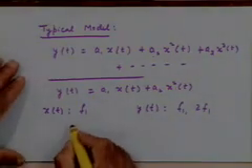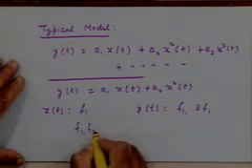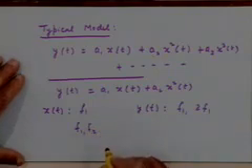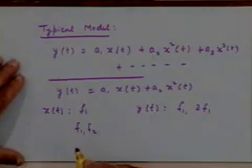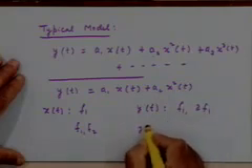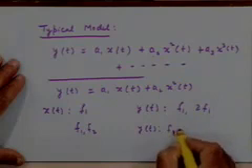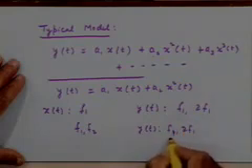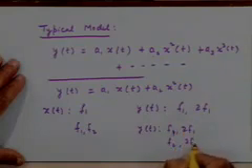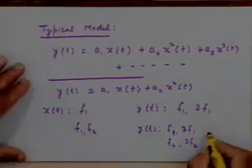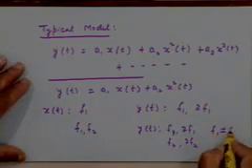Suppose now the input signal contains two components, f1 and f2. What will you have now? You will obviously have f1, 2f1, and you will also have f2, 2f2. In addition, you will have f1 plus minus f2.